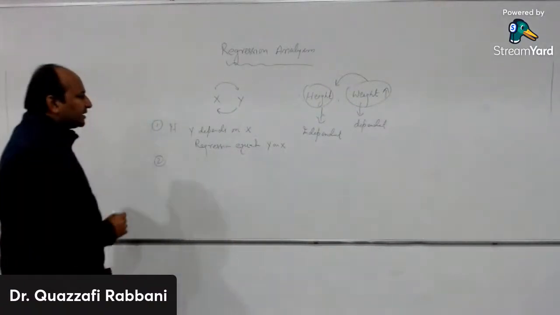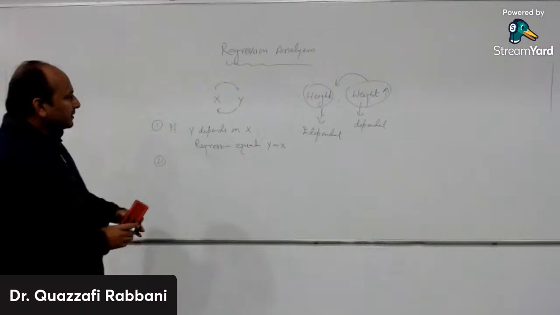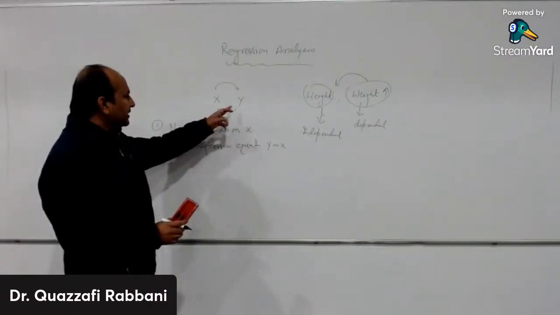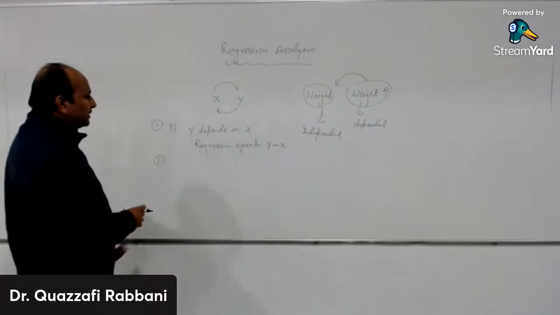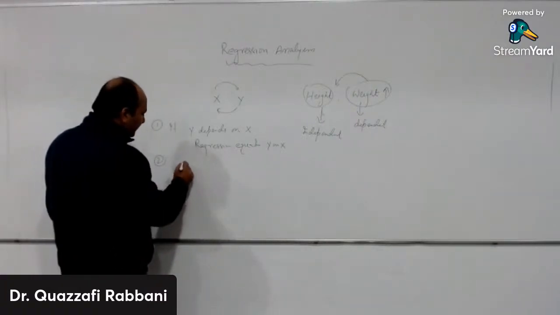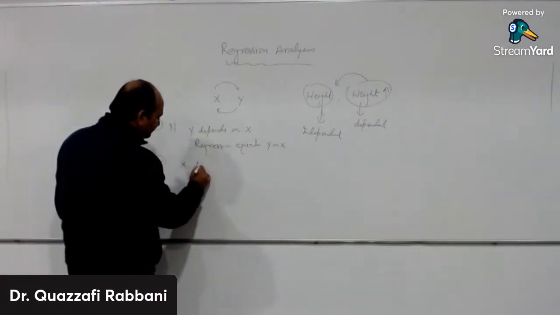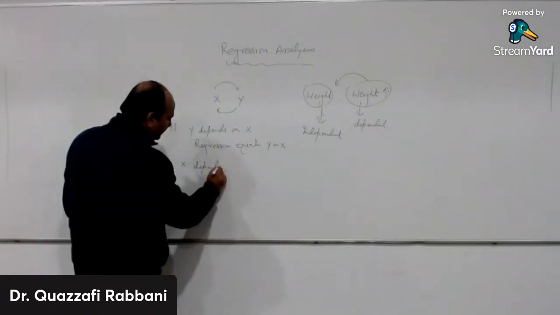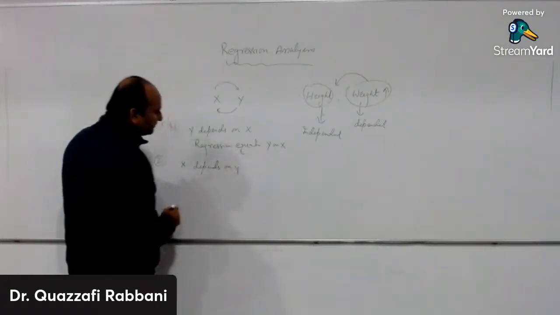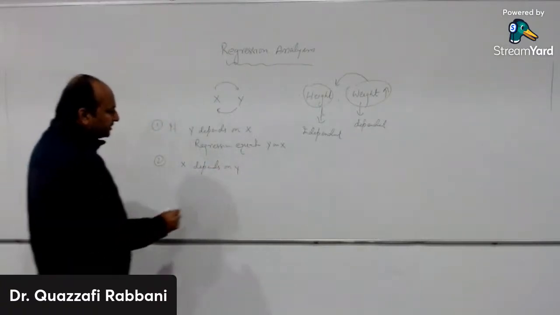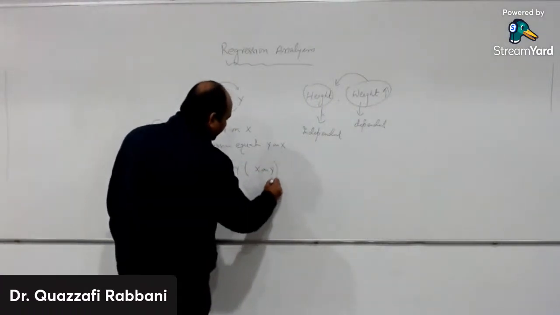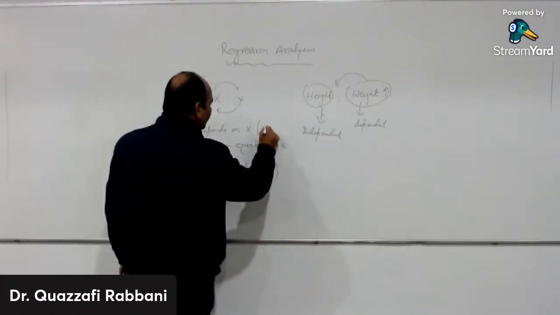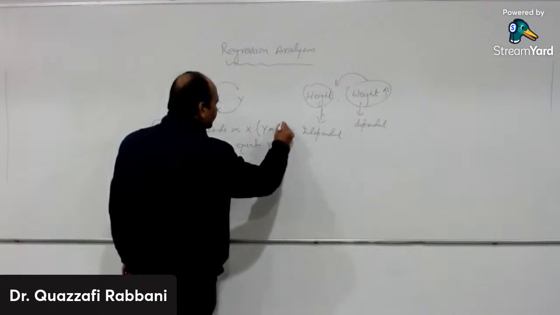Another possibility: if x depends on y. In short, we write this as x on y, and the earlier one as y on x.